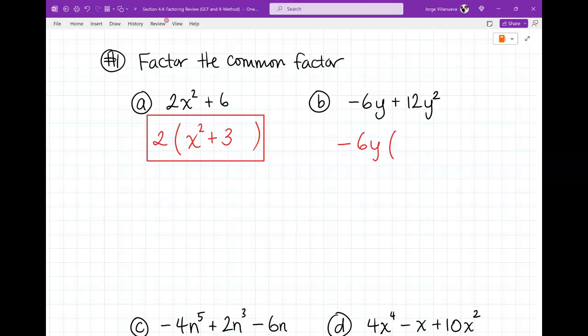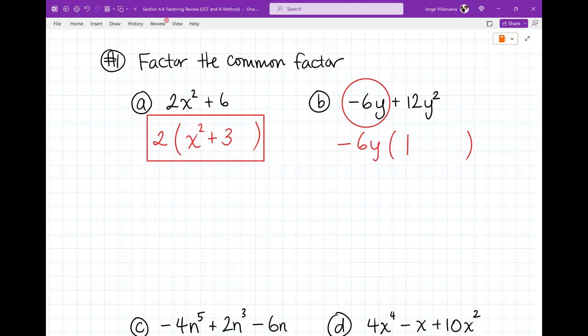So negative 6y. Now, I am going to factor a negative 6y, which in other words, I'm going to divide it out, right? So if I get negative 6y, and I divide by negative 6y, what's the result? Just 1, right? Just the 1. Everything got canceled out.